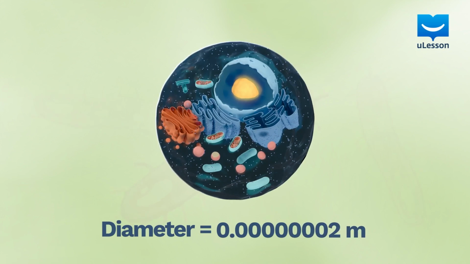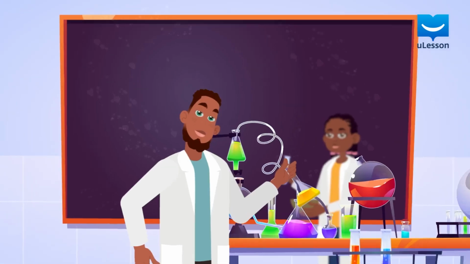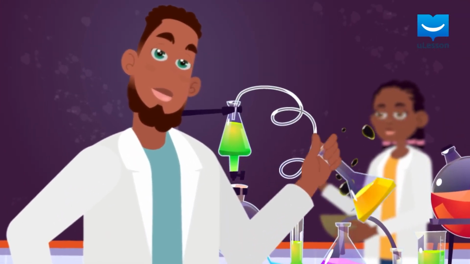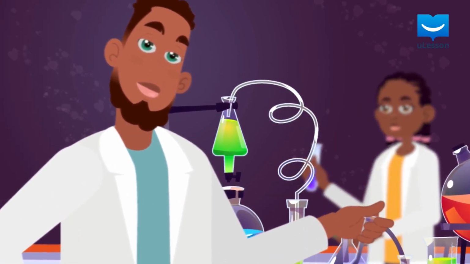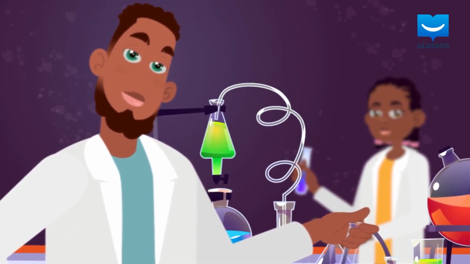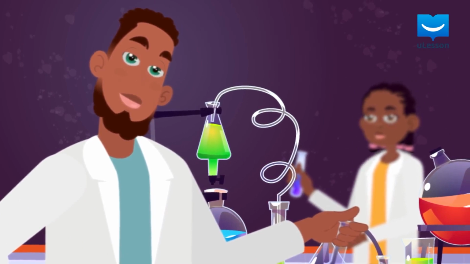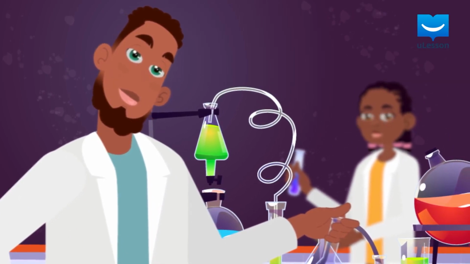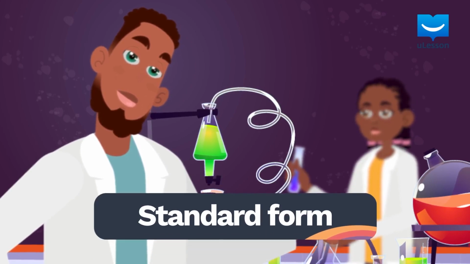You can also see that you're faced with too many digits and you may make mistakes handling all these digits. So, scientists developed a system of writing these numbers in a more compact way with fewer digits and greater ease of manipulation and called it the standard form.